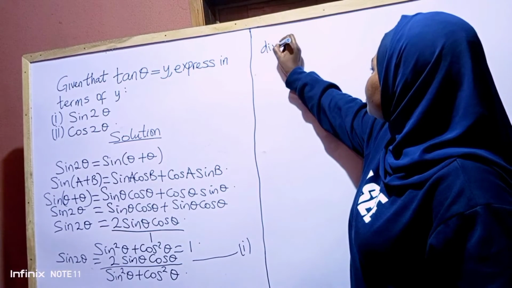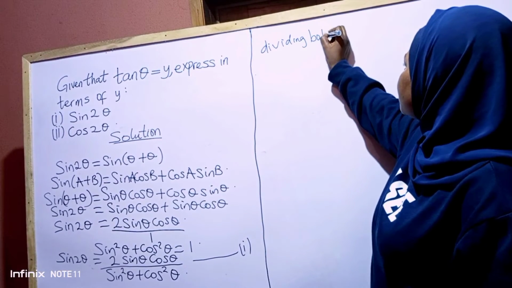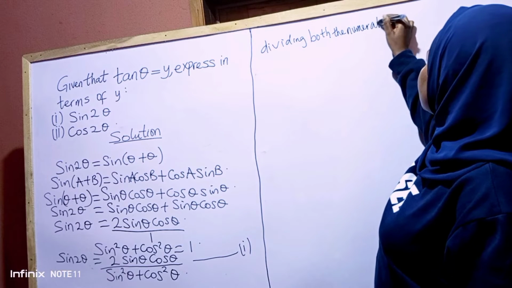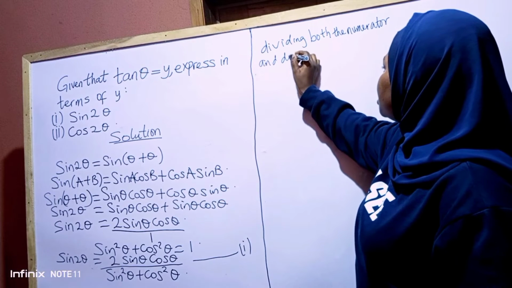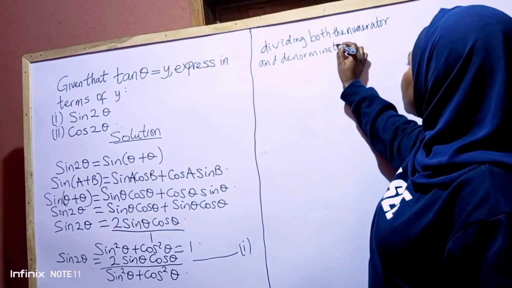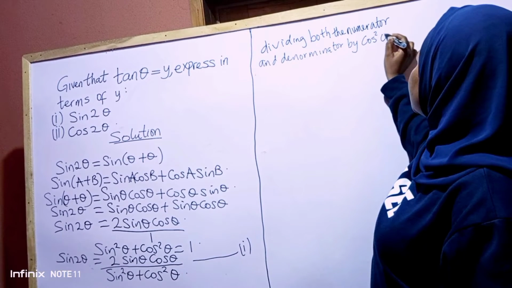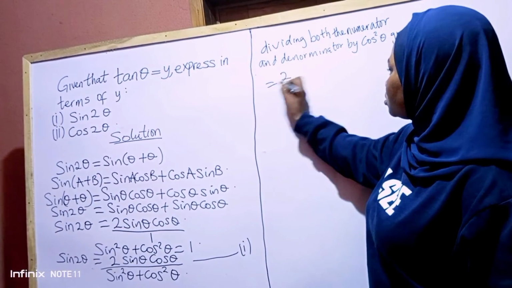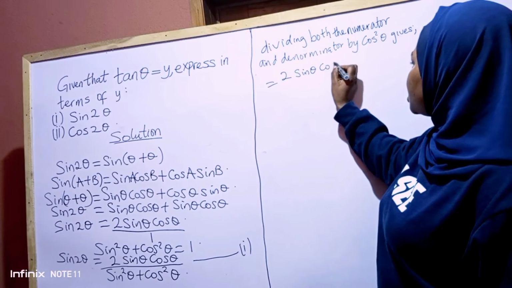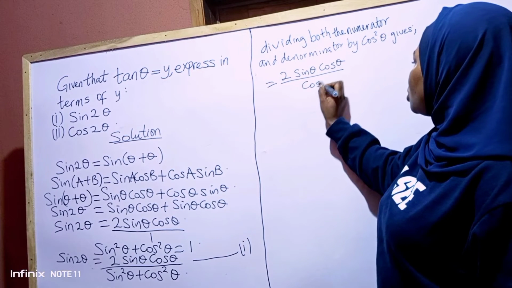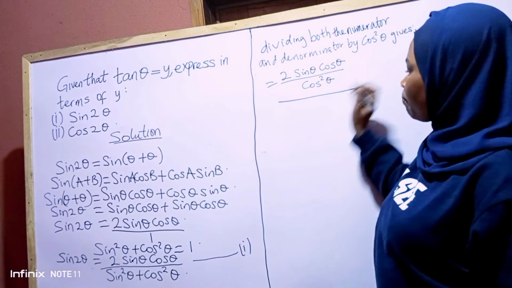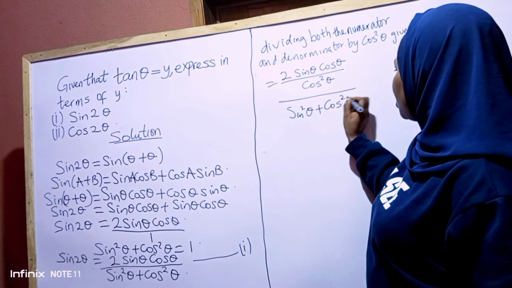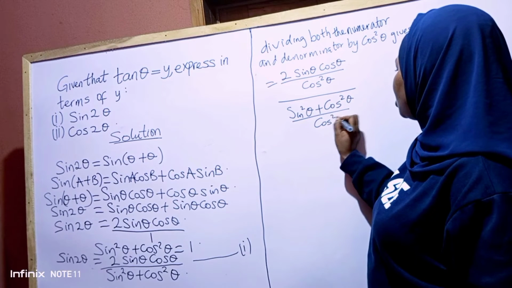Dividing both the numerator and denominator by cos squared theta gives me 2 sine theta cos theta over cos squared theta, that is the numerator. For the denominator, sine squared theta plus cos squared theta divided by cos squared theta.